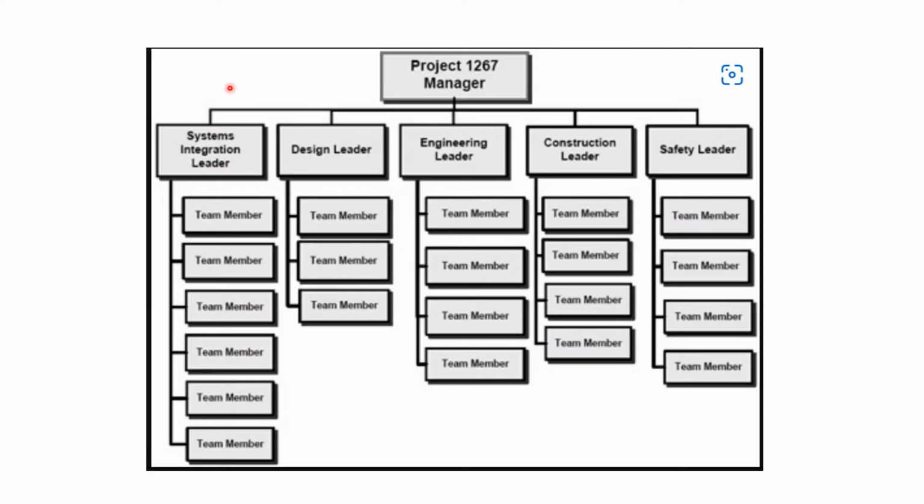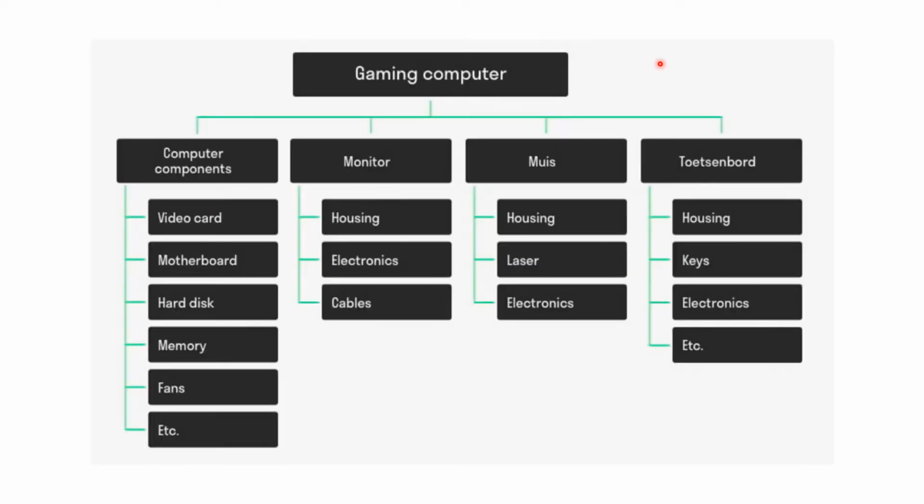This is an example of project organization. A project manager, a system integration team, a design team, an engineering team, a construction team and a safety team. So everybody has team members under it. So that's how the project is being organized for this project. This is an example of a product breakdown structure.